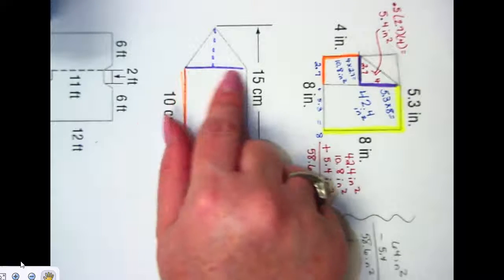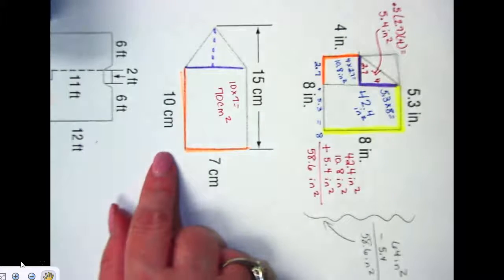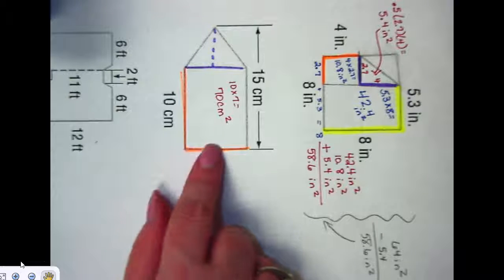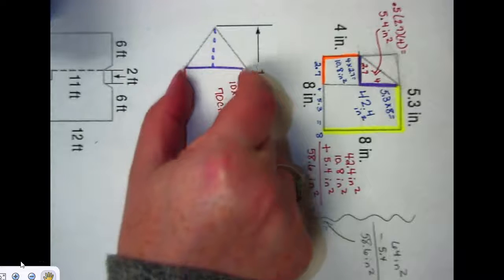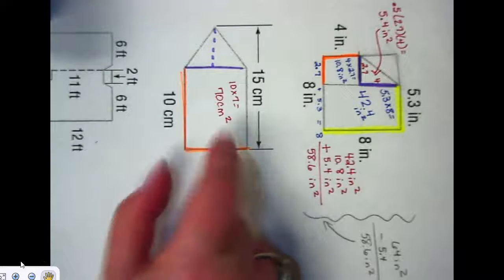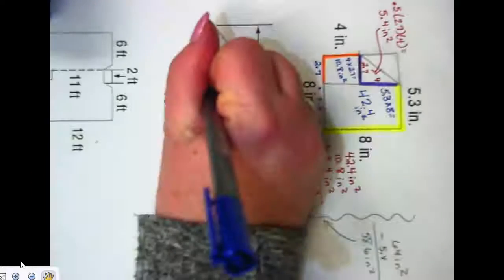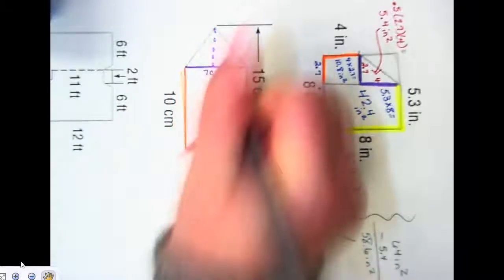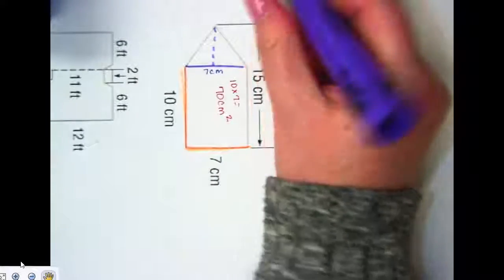Does anybody know where she found that from? Talon? Yes, it's the same as here. This and this are the same. Right? Because this side on the rectangle is the same as that side. So the base is 7 centimeters. Okay? Now where am I going to get that height from? So if I'm looking, the height here is going to be this part over here.